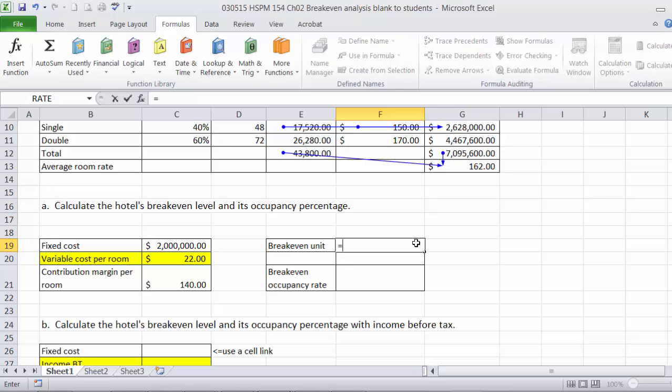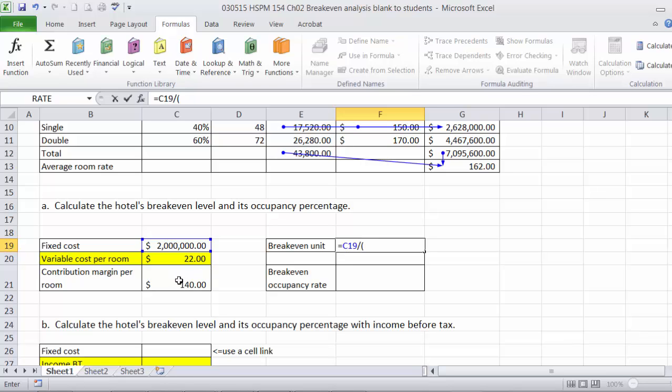So where is our fixed cost? Our fixed cost is this. You use a link, right? C19, then divide by, now make sure that for the denominator, we have this C19 divided by parentheses.